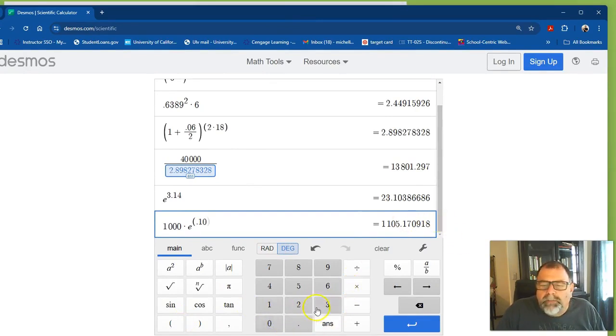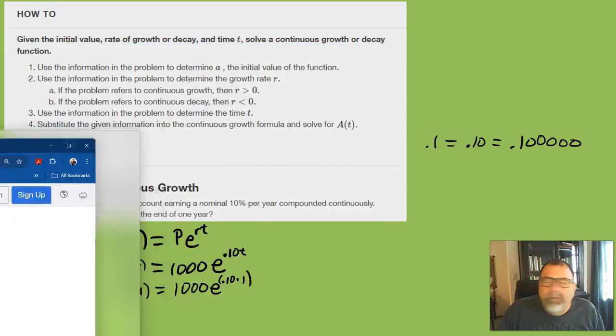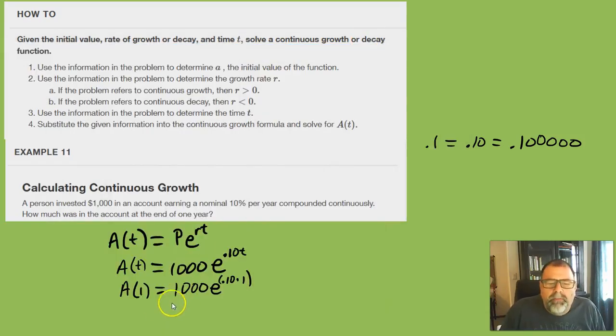Notice how that didn't change whether I typed the 0 or not. It's going to give me the same answer. Times 1, which again is not going to change the answer, so I didn't even need to type that. So we get 1,105.17. So $1,105.17.